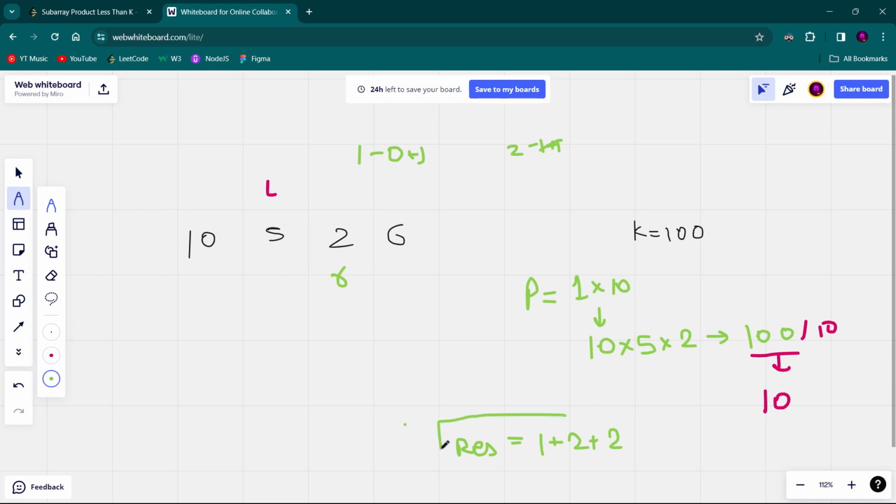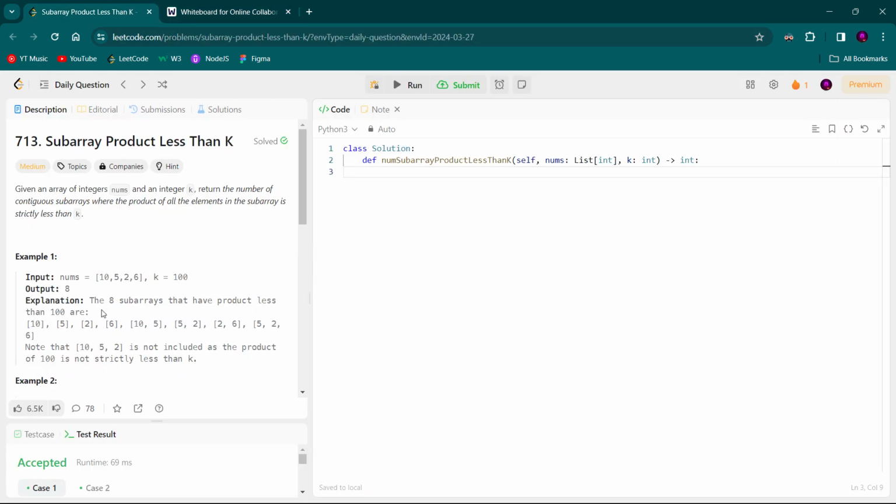This is the concept behind this. I'll increment R. It would be 60, so it will be plus 3 minus 1 plus 1, which is 3. So 3 plus 3 is 6, 7, 8. 8 is my answer. Let's code this.